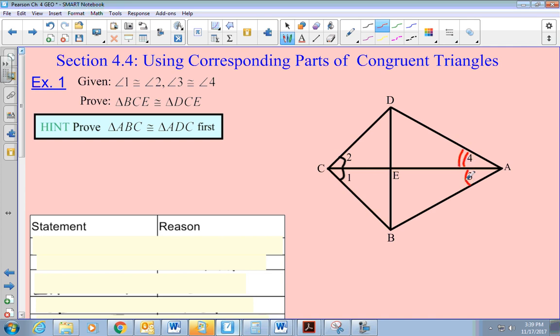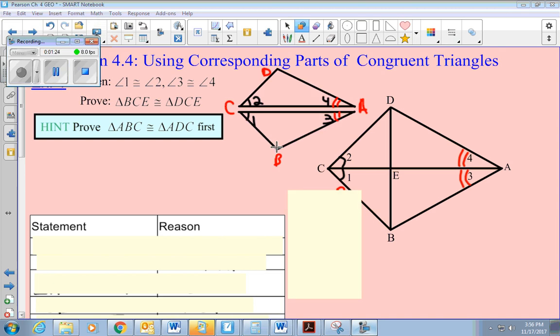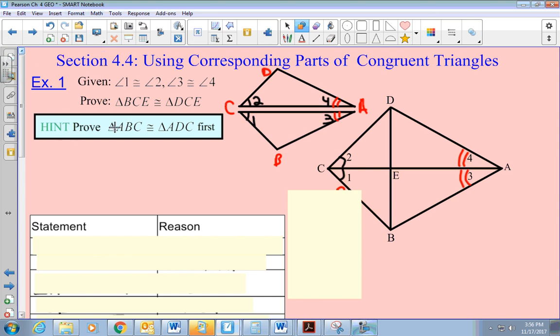So we're going to put a double, I call these the double rainbows. So we put our congruent marks. All right, so our hint here is that we're going to prove triangle ABC is congruent to triangle ADC.